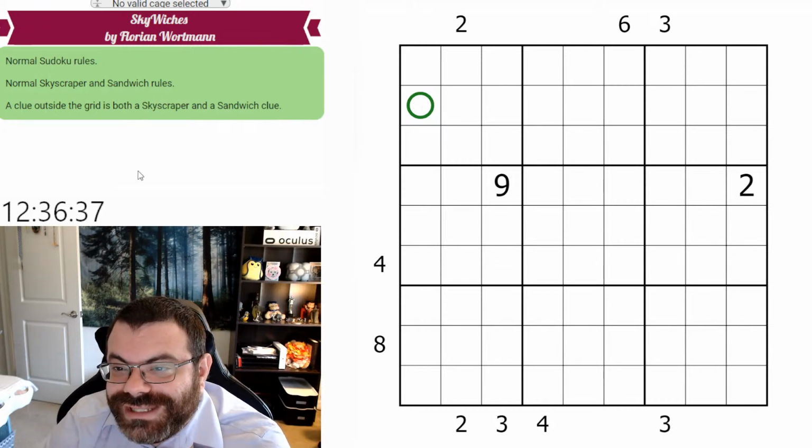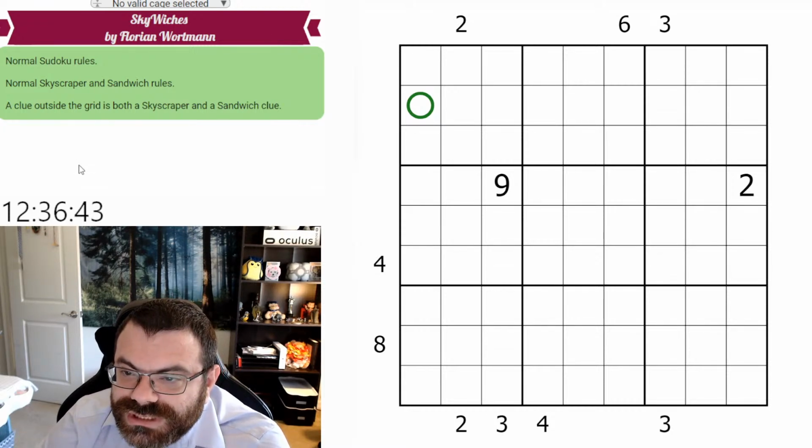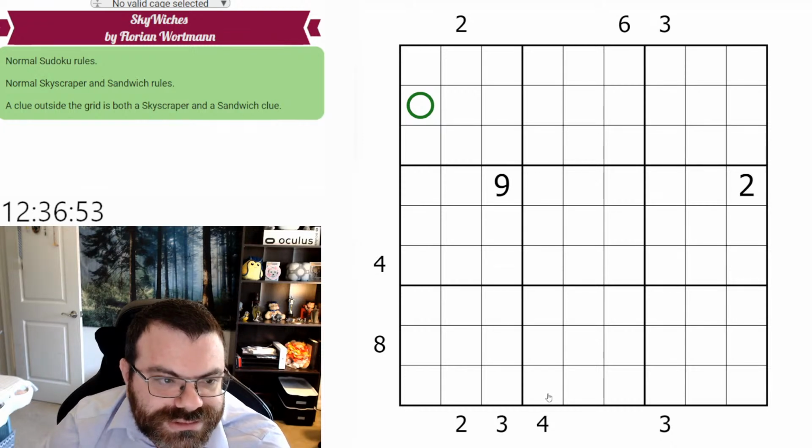Yeah. SkyWiches by Florian Wortmann. We have normal Sudoku rules, standard skyscraper and sandwich rules. A clue outside the grid is both skyscraper and sandwich. So this is like what Philip did, I think.